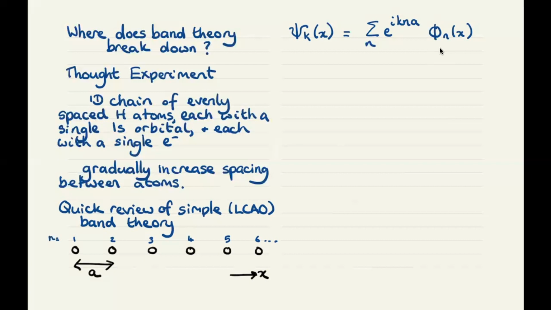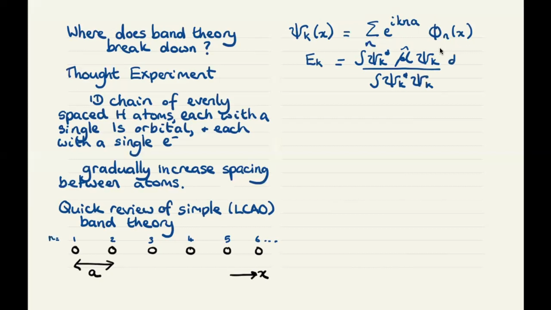And then the energy of a particular state, a particular orbital with a particular k value, which doesn't depend on x, just an energy, is then given by the integral of the complex conjugate of the wave function times the Hamiltonian operator times the wave function with that k value, normalized by the inner product of the wave function.